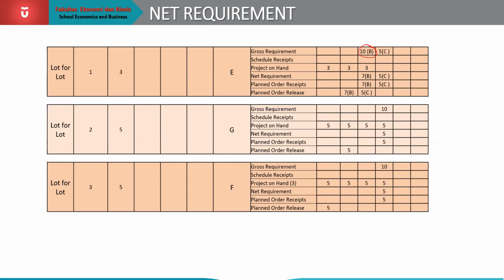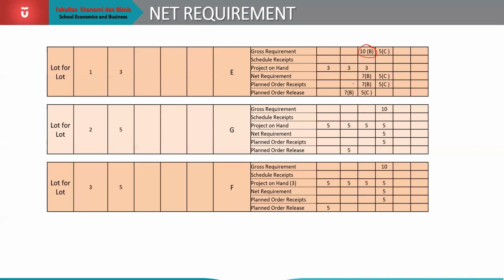Meanwhile, component C, E for C, must be ready in week 4, because C starts to produce in week 4. And you have projected on hand 3 units, because component B is the nearest component that you have in making E for B. So you use this projected on hand to complete this component B. So it means gross requirement E for B, you still have 7 for the net requirement.